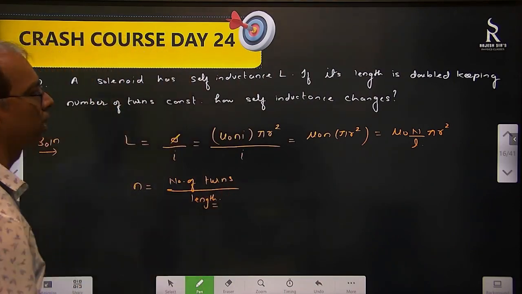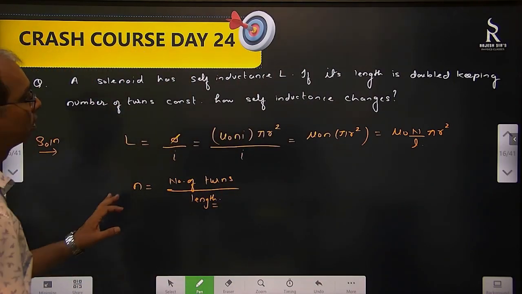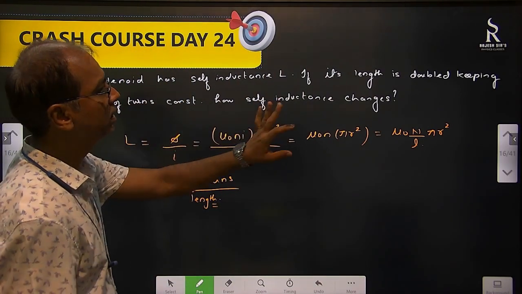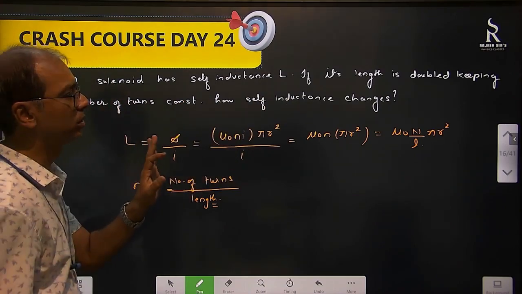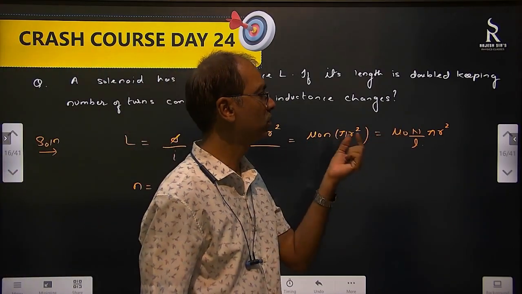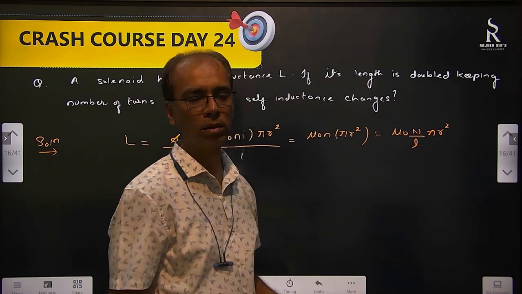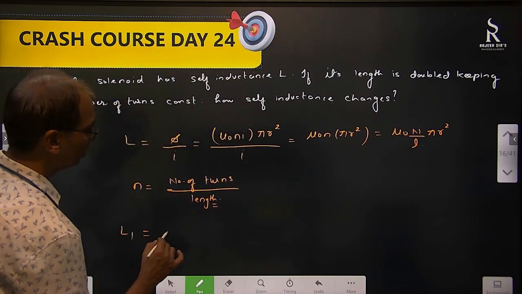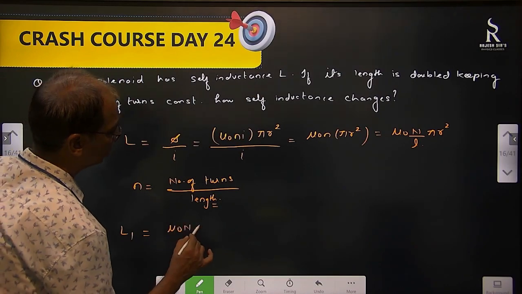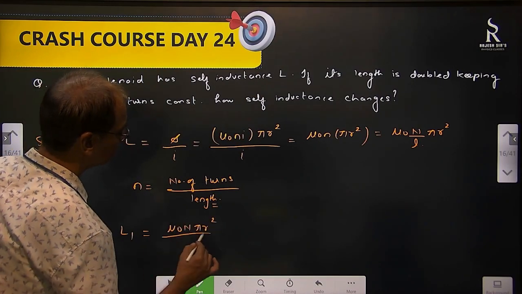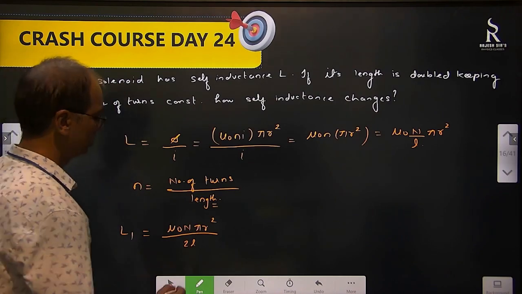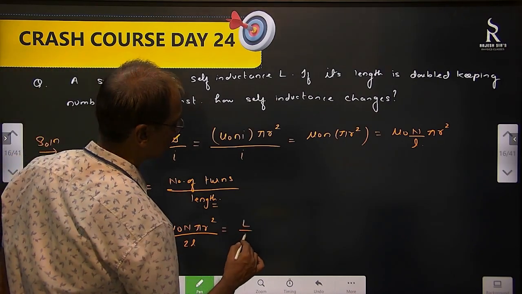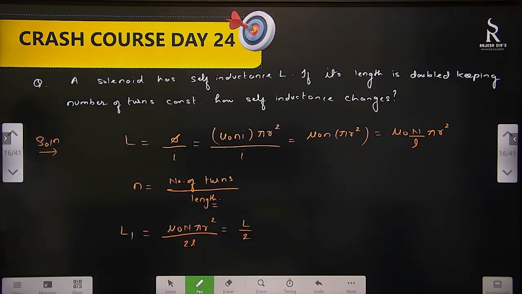Now read the question again: length is doubled, keeping number of turns constant. That means capital N is constant, whereas length is doubled. So L1 is μ naught N πr² by 2l, which is L by 2. Very simple, your self-inductance has become half.